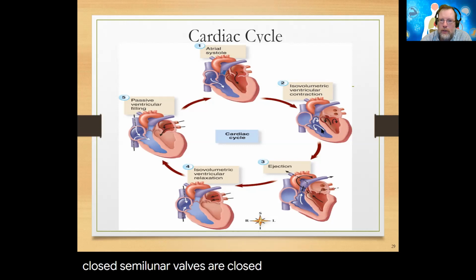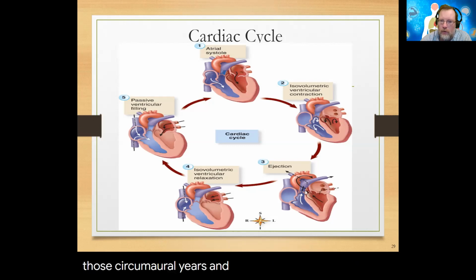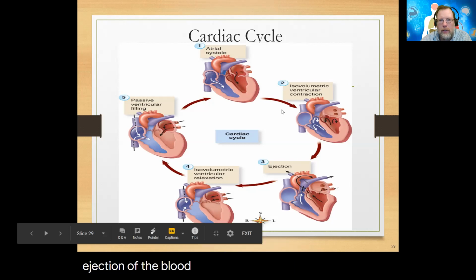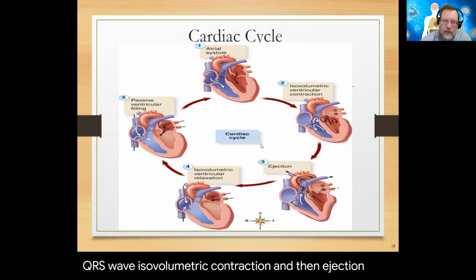This is that Starling's law at this point too, Frank Starling law, where we're filling and filling and prepping, stretching those sarcomeres, and then boom, we're going to get ejection of the blood. So P wave, atrial systole, QRS wave, isovolumetric contraction, and then ejection.